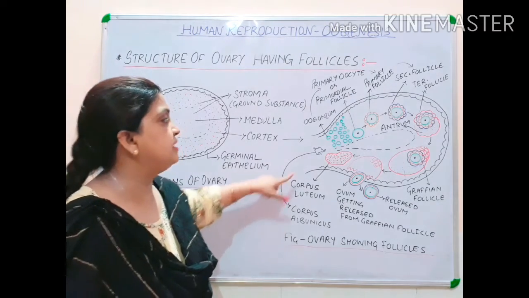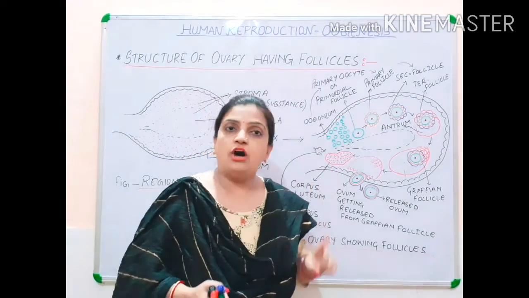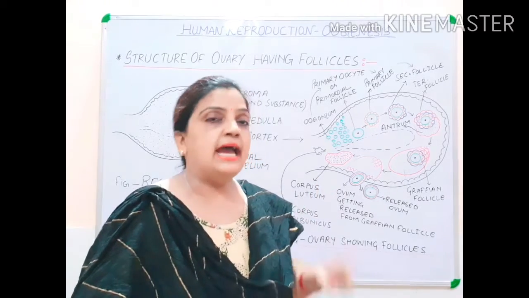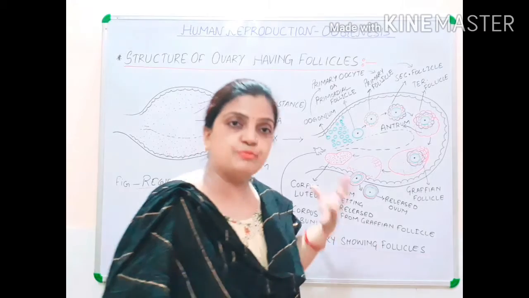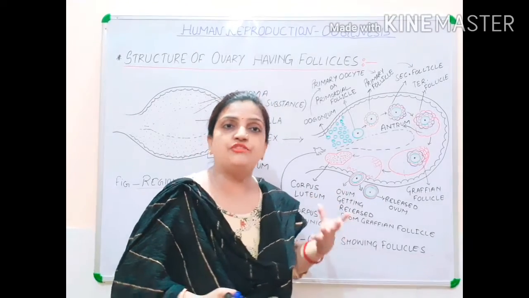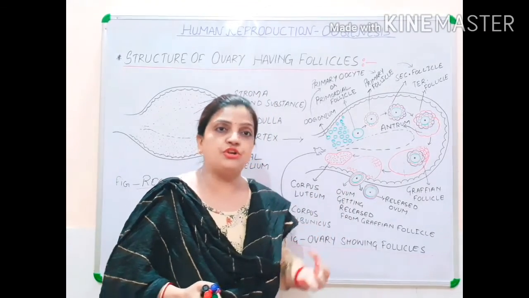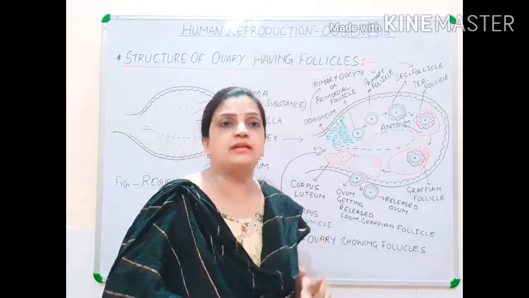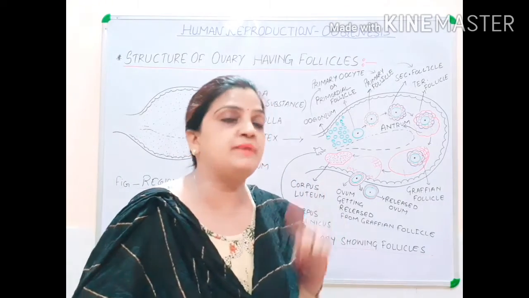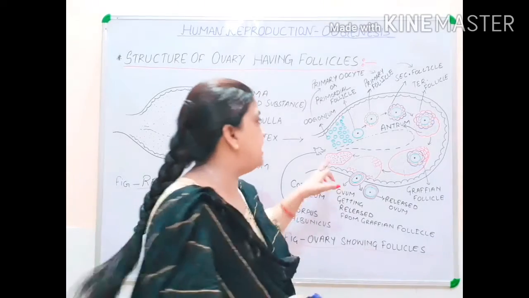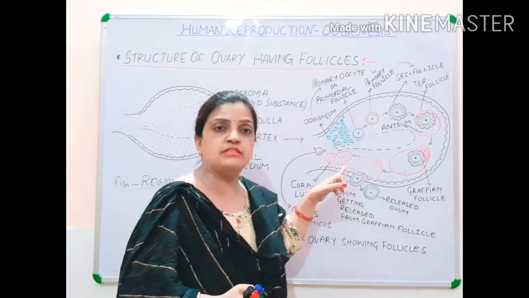Again, I repeat, children, if pregnancy persists, corpus luteum will be formed, and corpus luteum is a blood-filled pouch-like structure which is responsible for the secretion of progesterone, and this progesterone is needed throughout the pregnancy period. But if the pregnancy does not persist inside the female, then there will be no role of corpus luteum.